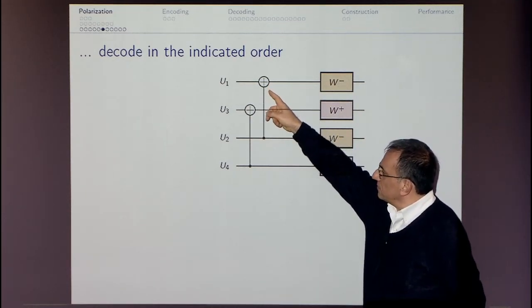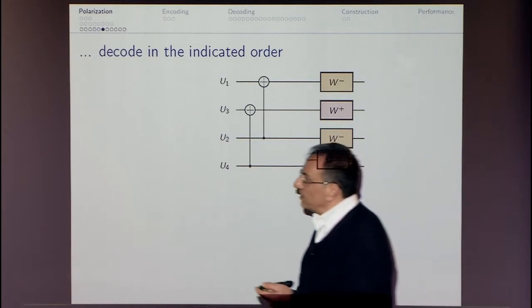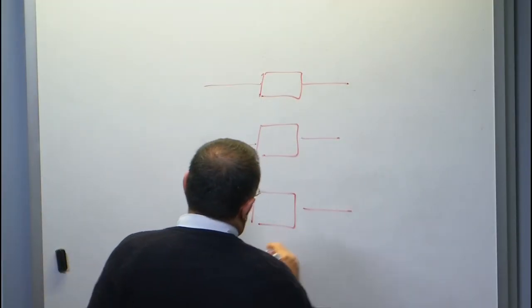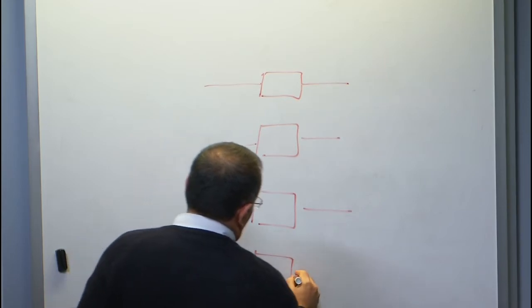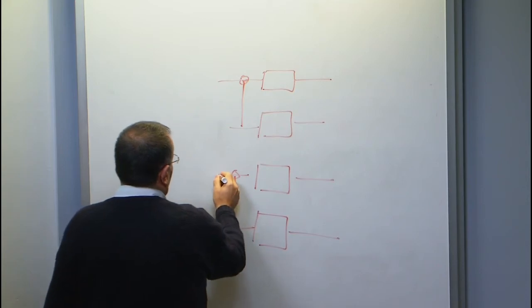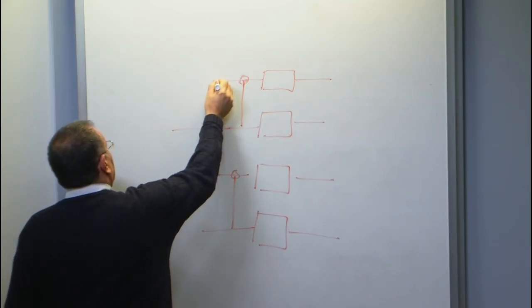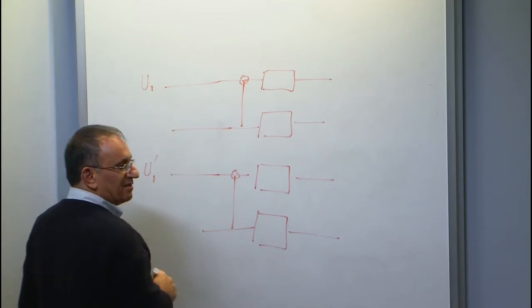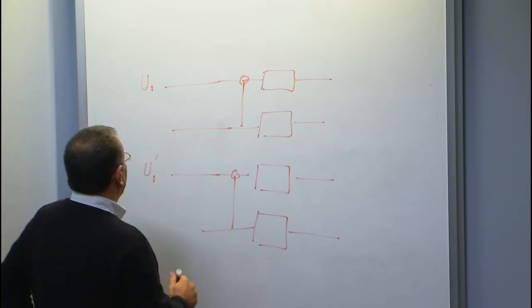Okay, so let's spend some time on this. Okay, so we had two W minuses. Okay, so let's put this. So I have a U1 here, and I have another U1 here. Okay, U1 and U1 prime.